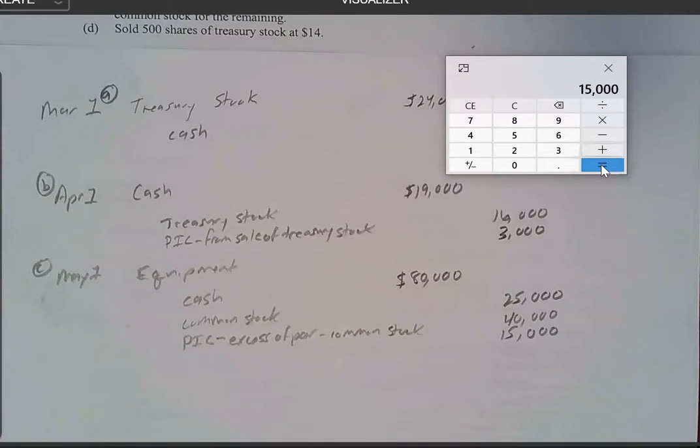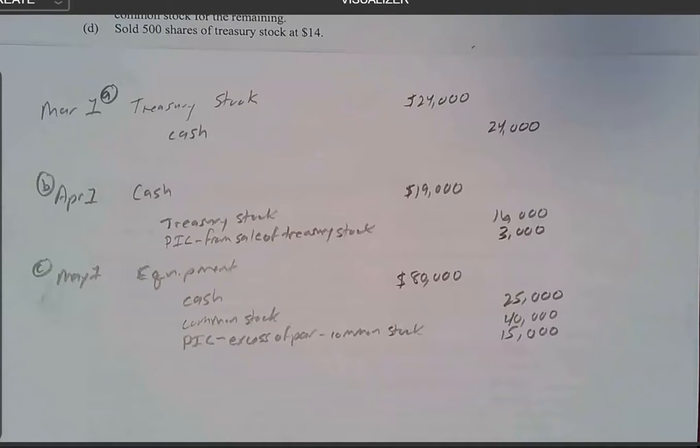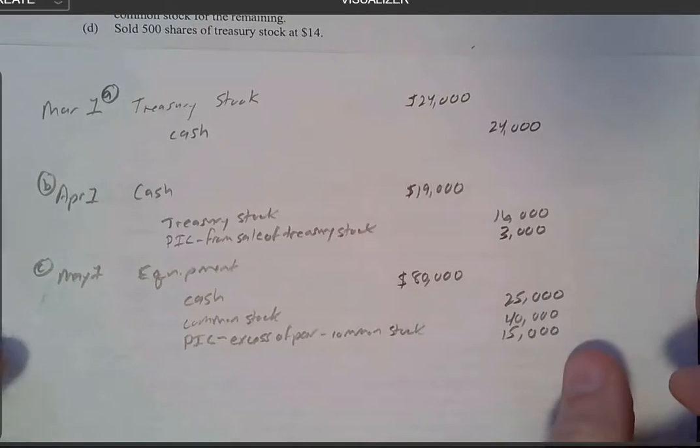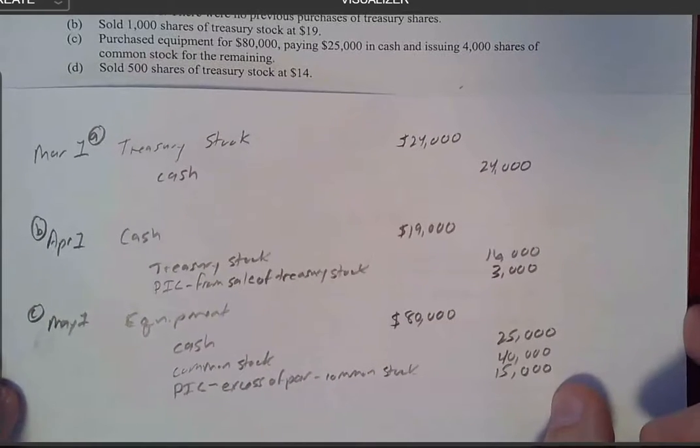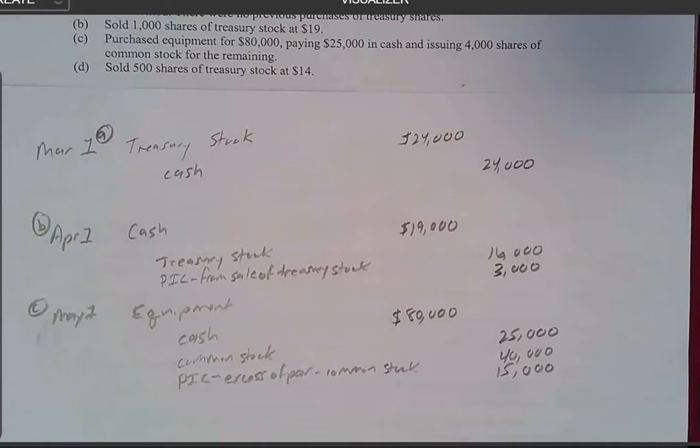And hopefully you can kind of halfway read my writing. And that would be the end of that requirement. But we have one more thing that we have to do, and this is where I'm really going to have to move the page back and forth.